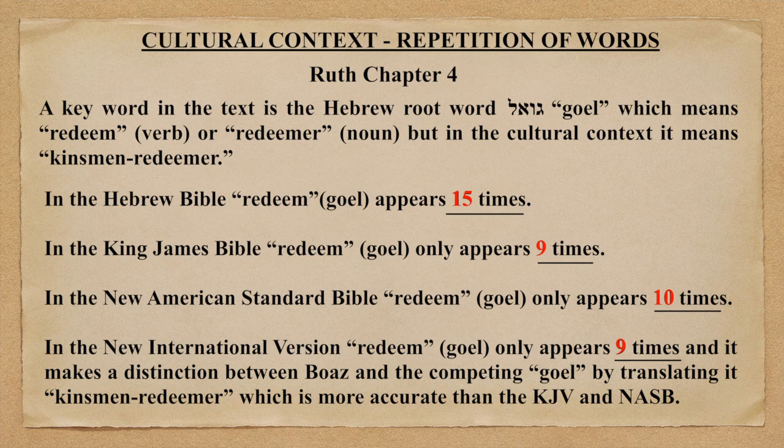In the New American Standard Bible, redeem or goel shows up 10 times. In the New International Version, redeem only appears 9 times, and it makes a distinction between Boaz and the competing goel by translating it as kinsman redeemer, which is actually more accurate than the King James Version and the New American Standard.